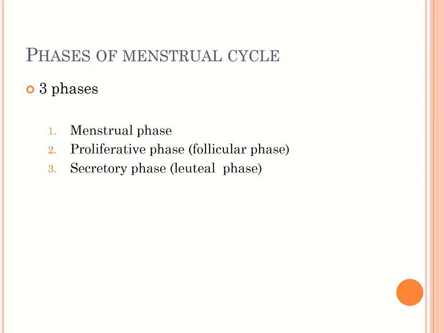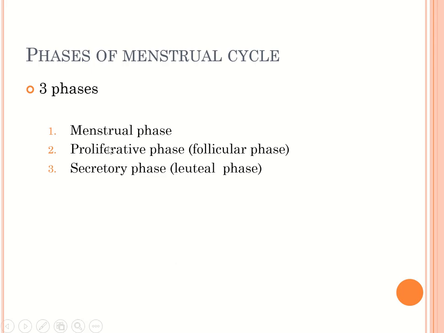After a few days, all the glands which proliferated will be filled with secretions. That's why we call it the secretory phase. So throughout 1 month of the menstrual cycle, first there'll be the menstrual phase, followed by proliferation of the endometrium, the proliferative phase, and then the secretory phase. Now in the bracket you can also see follicular phase and luteal phase.